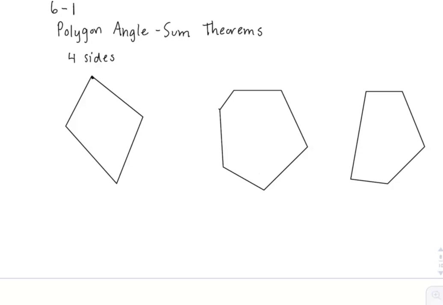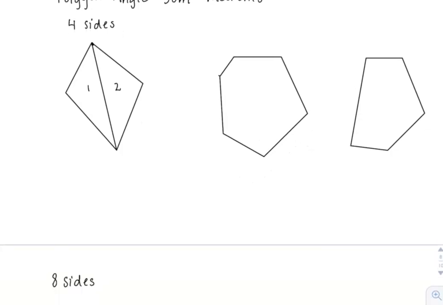So from this vertex, I can create 2 separate triangles in this quadrilateral, right? So 2 triangles. If I were to ask you guys what's the sum of the angles within this shape, because it's made out of 2 triangles, right?